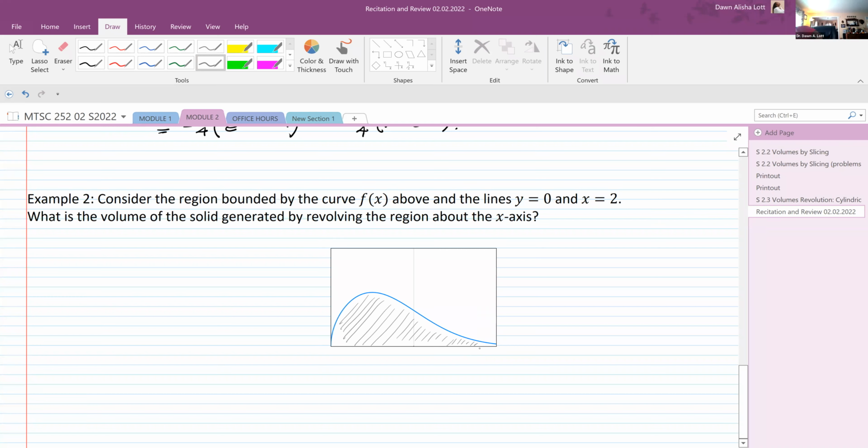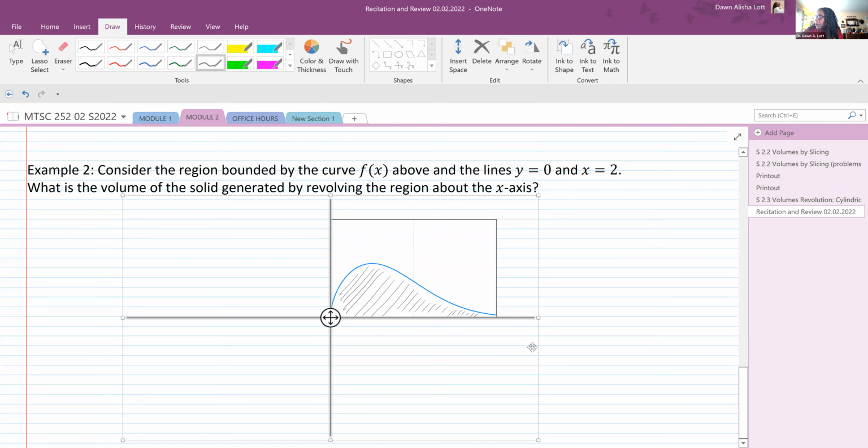And this time I'm going to rotate it around the x-axis. Same region between 0 and 2.